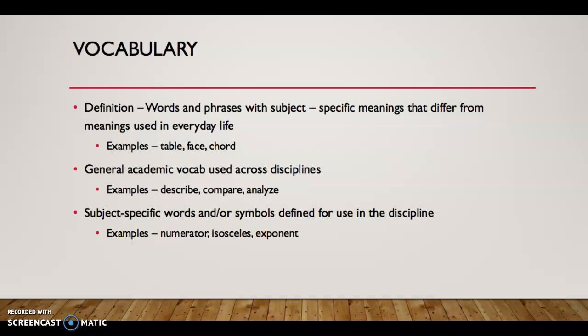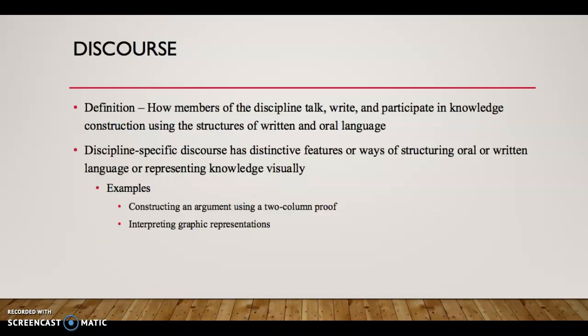The third one is discourse. So this is how members of the discipline talk, write, and participate in knowledge construction using the structures of written and oral language. And then discipline-specific discourse has distinctive features or ways of structuring oral or written language or representing knowledge visually.